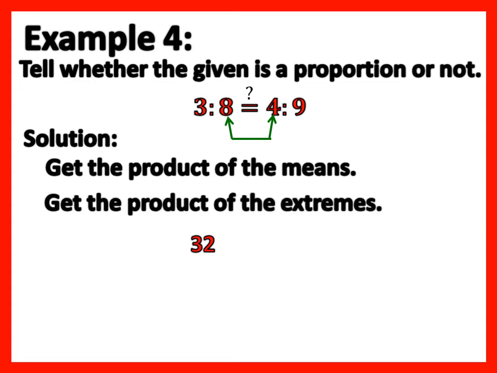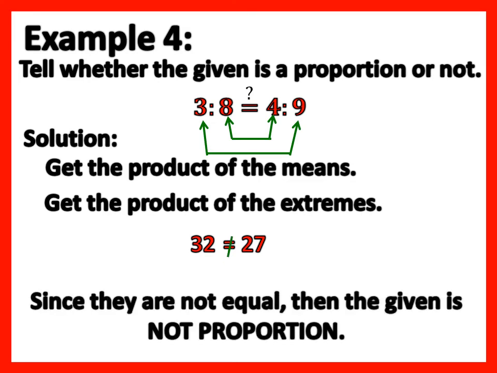And then, get the product of the extremes. The extremes are 3 and 9. 3 multiplied by 9 is 27. Are they equal? No. 32 is not equal to 27. So since they are not equal, the given is not a proportion. Of course, if they are equal, it's a proportion.